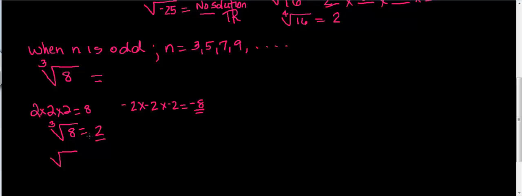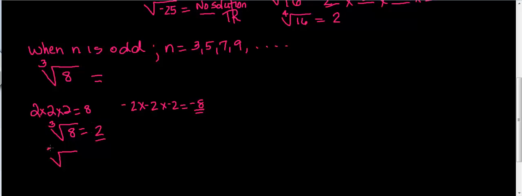It's only equal to 2. When this is odd, this is what's going to happen. Okay? You can't say plus or minus. It's only the positive one, because if I say minus, it's wrong. When I multiply -2 times -2 times -2, I get -8, and that's not what my radicand is. My radicand is 8. Okay? So this would be the only answer for this one.